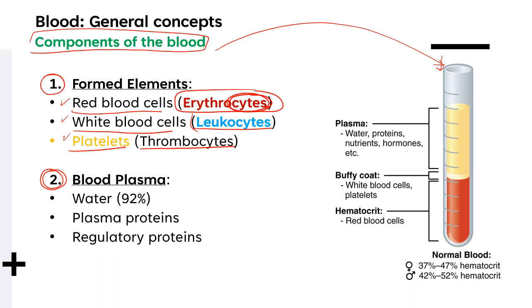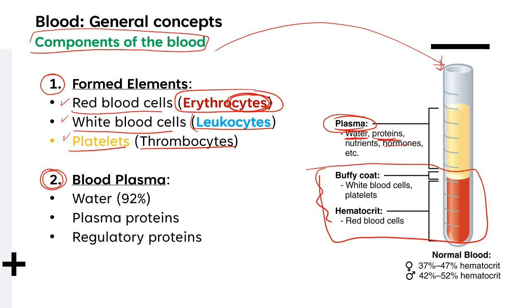So the yellow part will represent the plasma. It makes sense because 92% of that is just water, so it's not that heavy. You might have some proteins, some hormones, etc. And then it's important that the formed cells are, of course, the portion that is deepest in the tube.